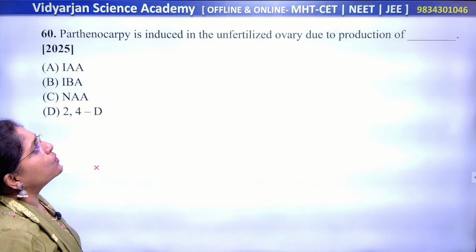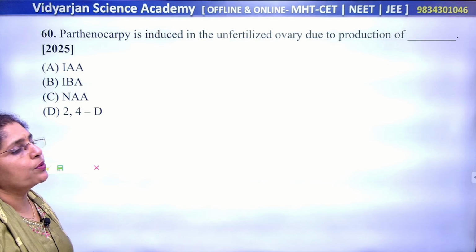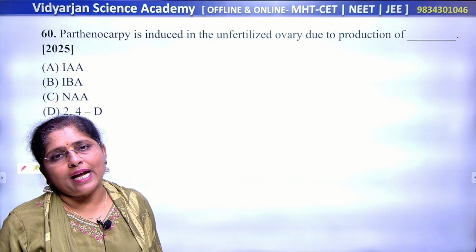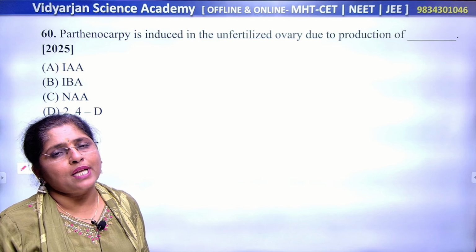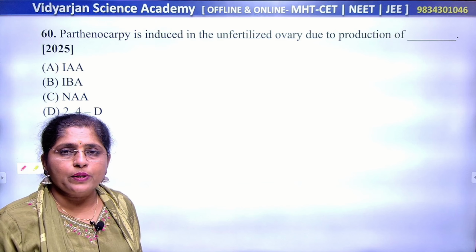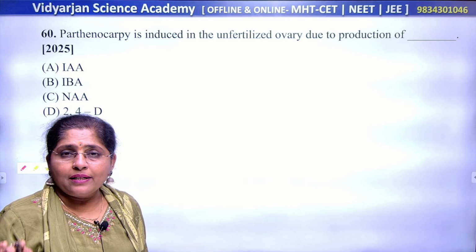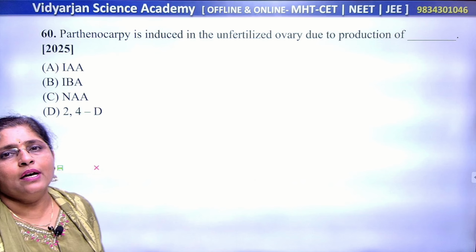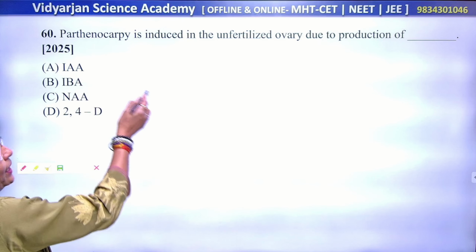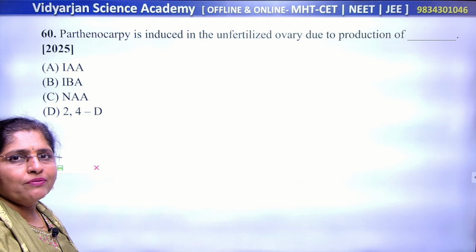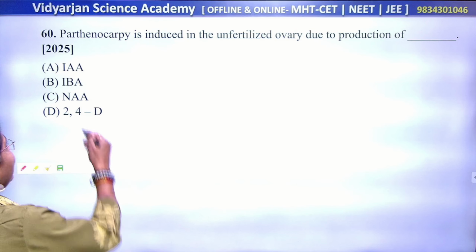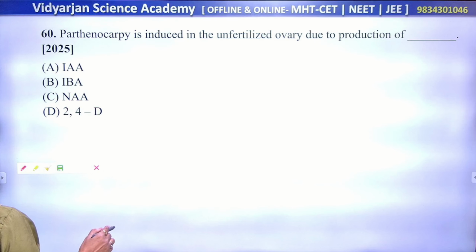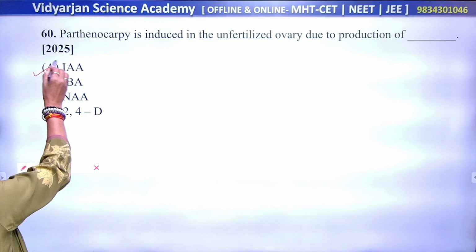Parthenocarpy is induced in the fertilized ovary due to production of dash. So parthenocarpy, you know that development of the fruit without fertilization. So dear students, at least five examples of each type you have to remember. But here we are dealing with the hormones. IAA, IBA, NAA and 2,4-D. So parthenocarpy is induced by IAA.